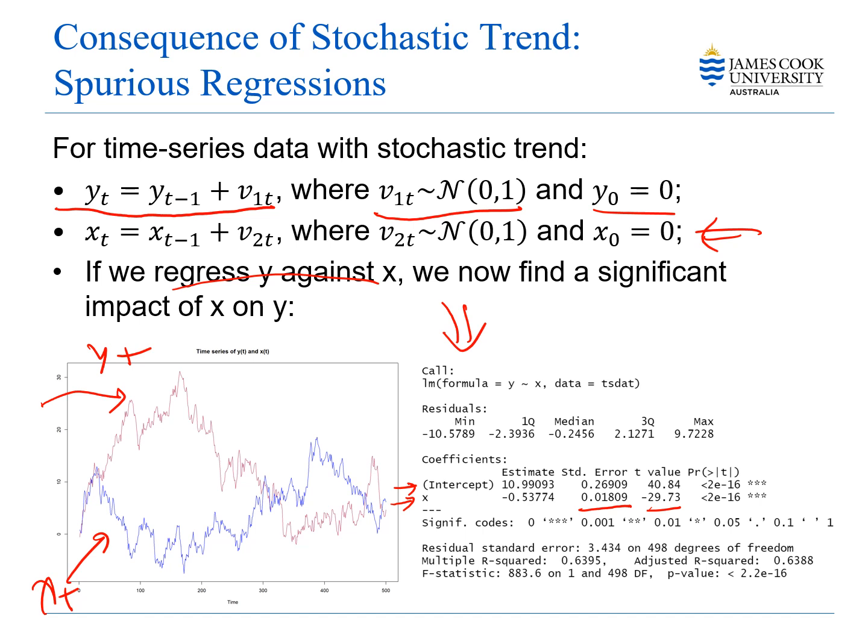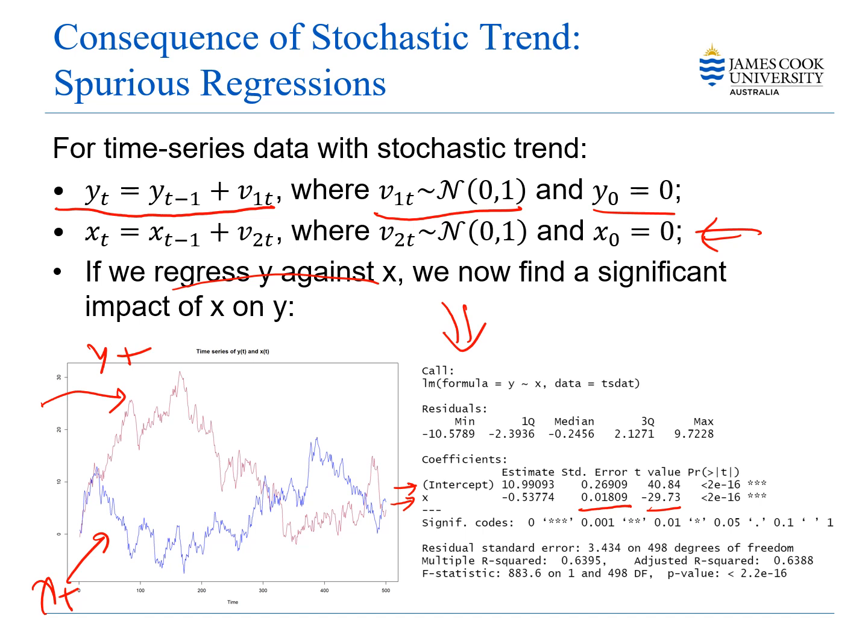So we find that there's a statistically significant impact of X on Y using this time series data, despite the fact that we know we artificially generated them independently. So now we end up having this kind of undesirable relationship between X and Y.